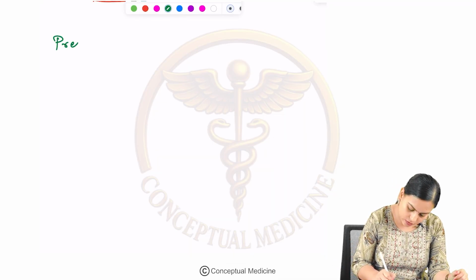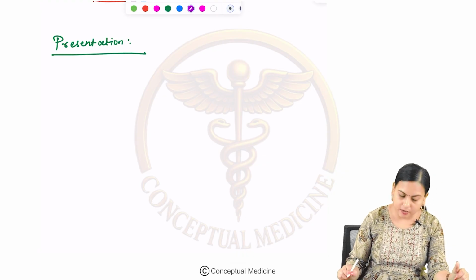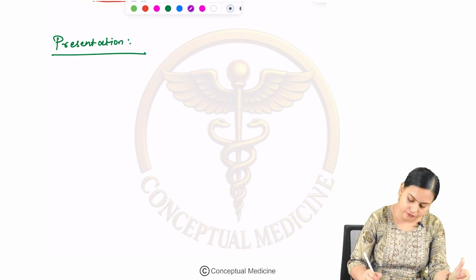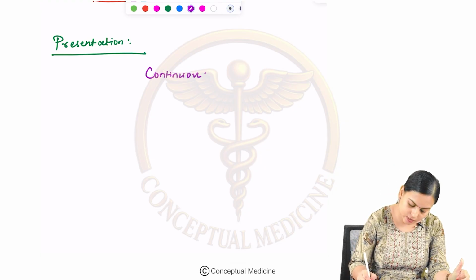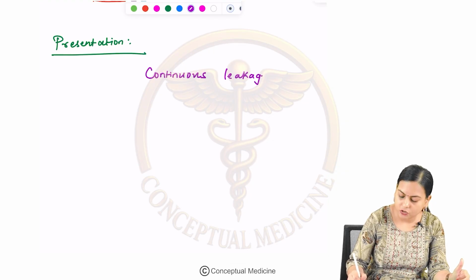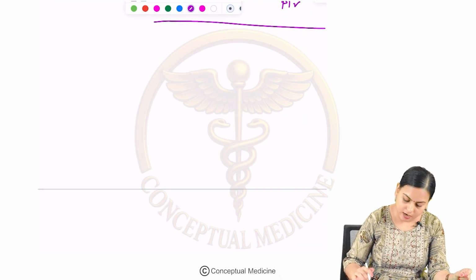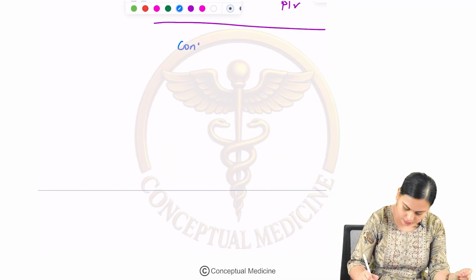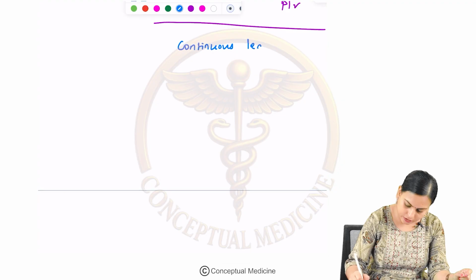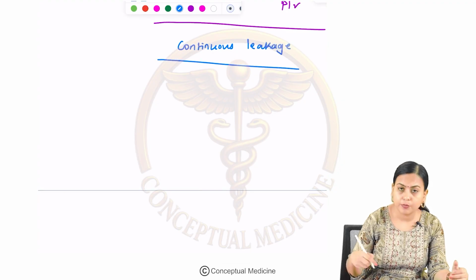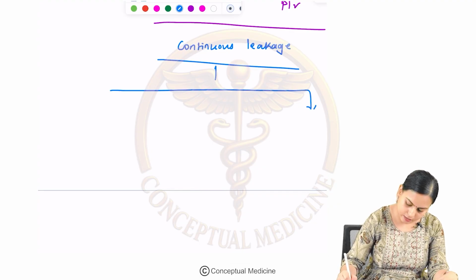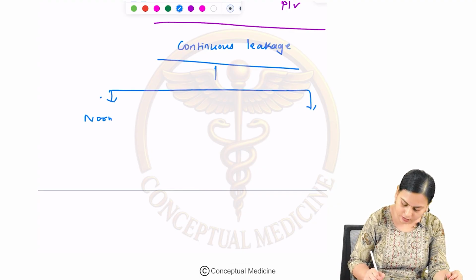Now, let's see the presentation. Okay. So, presentation of fistulas. Here, the patient usually complains of, yes, continuous leakage of urine per vaginum. This will be the most common complaint, right? And when there is continuous leakage, you have to ask a probing question, like whether she has normal urination also.